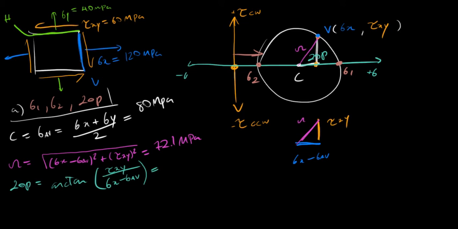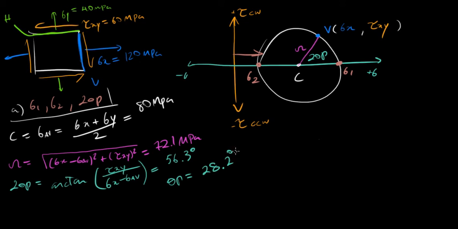If you do those numbers, you will get 56.3 degrees, which means that theta p is just that divided by 2, which is 28 degrees.